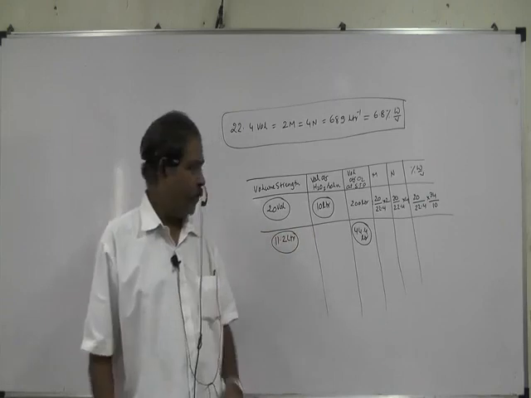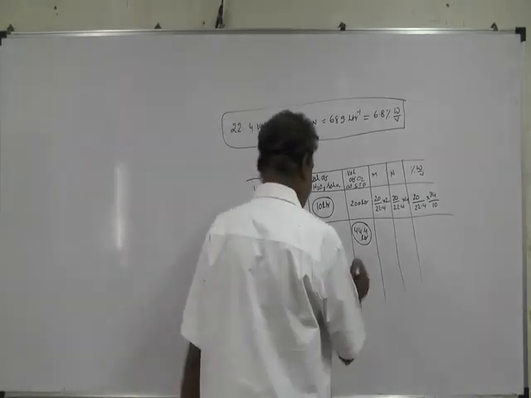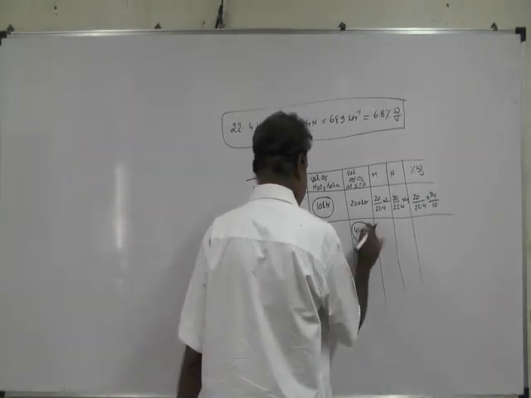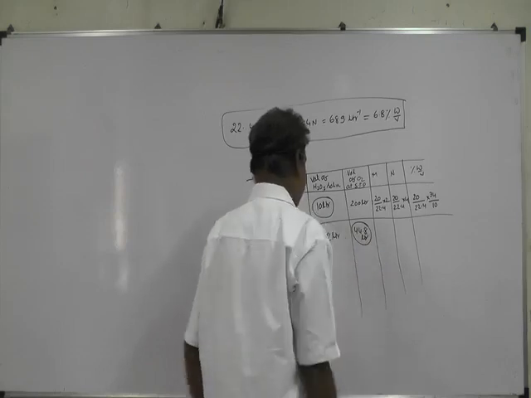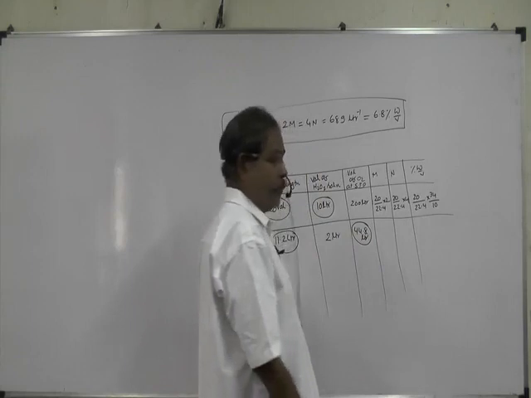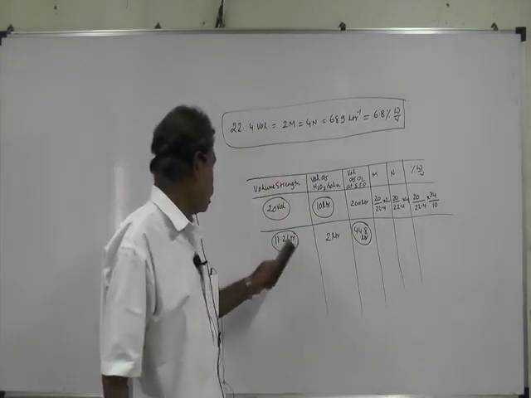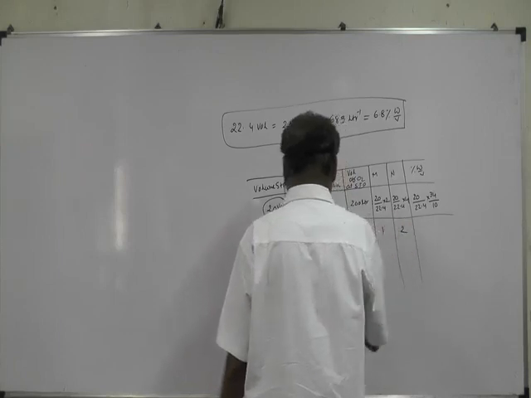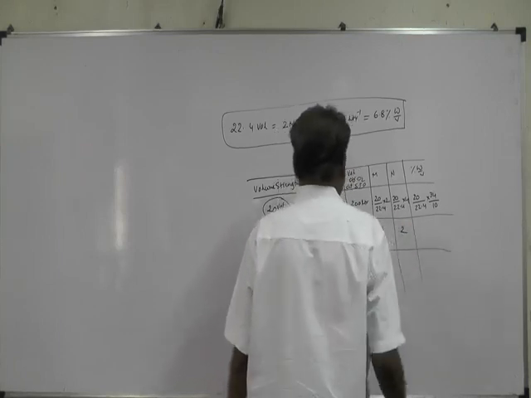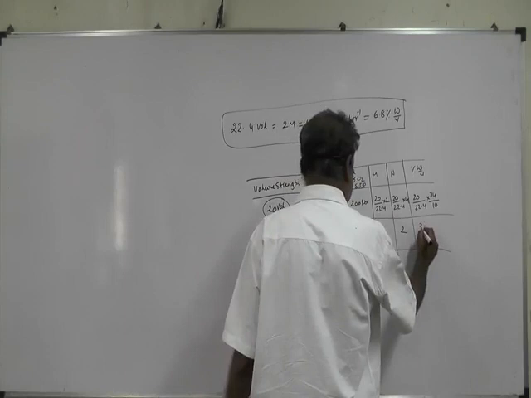To get 44.8, you require 4 liter. 11.2 liter means 22.4 liter means 2 molar. 11.2 means 1 molar. 2 normal. And 3.4% weight by volume.